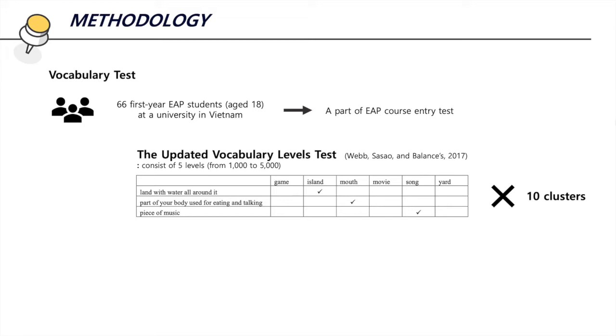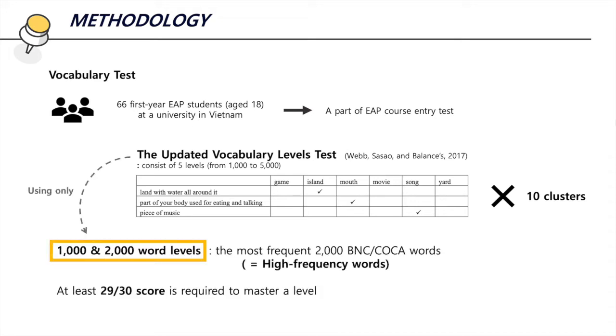The updated Vocabulary Levels Test developed by Webb, Sasao, and Ballance was used to measure students' knowledge of high-frequency words. It consists of 10 clusters, and each cluster has 6 words and 3 definitions. Students are required to match form and meaning, and they have to get at least 29 correct answers out of 30 to master a level.